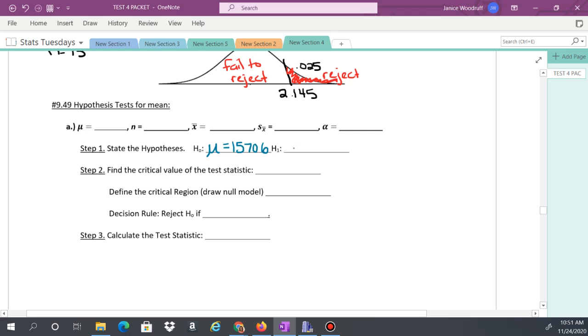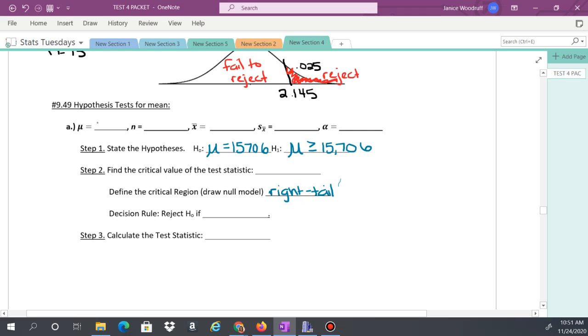The alternative is asking, is the mean greater than 15,706? So this is a right-tailed test. Okay, so we determine what type of test we want to run first. Okay, then let's pull the information.